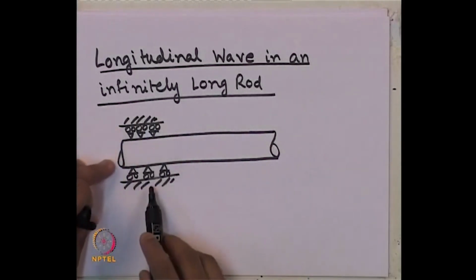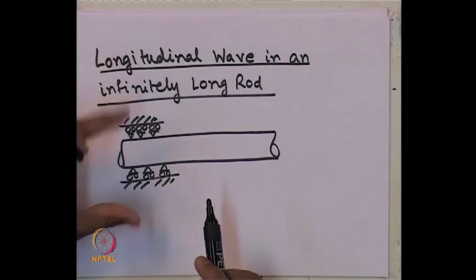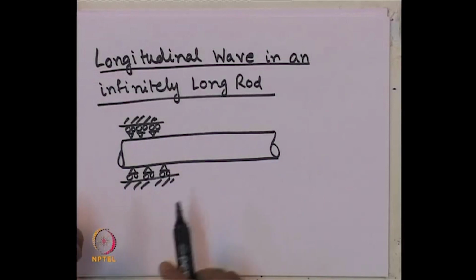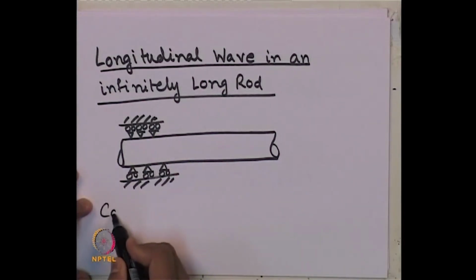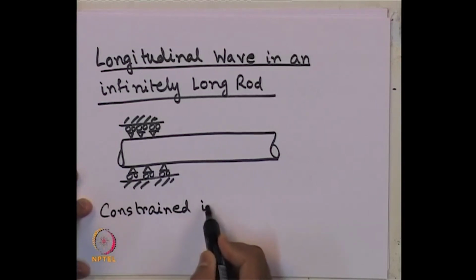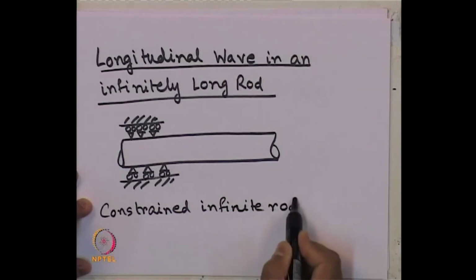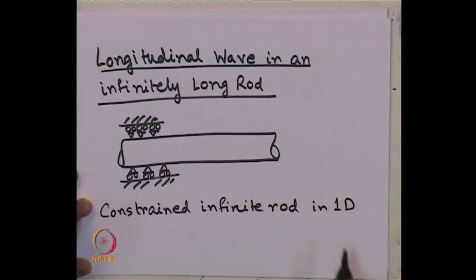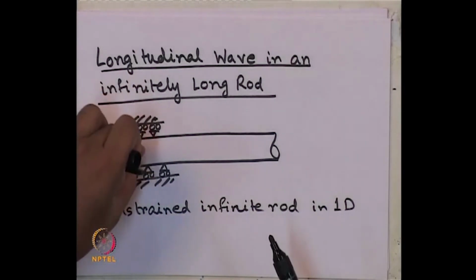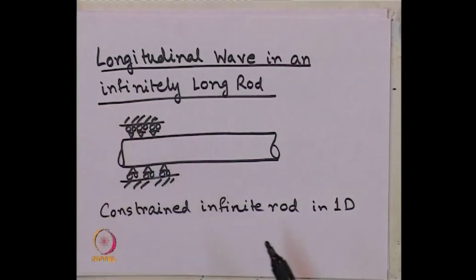We have put the roller connection to the surfaces of the rod, so that it cannot expand in this direction. So, we are considering basically a constrained infinite rod in one dimension, in 1D, for one dimensional wave propagation, and the radial straining, that is strain along this radial direction, is restricted by putting these rollers.